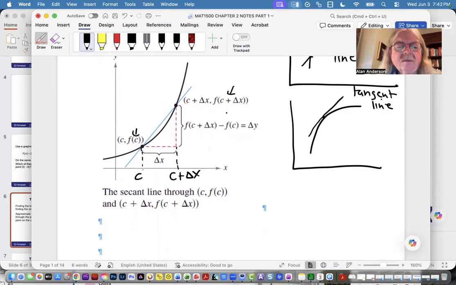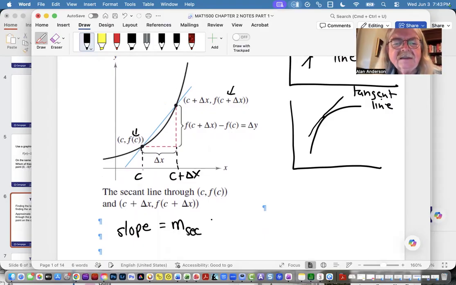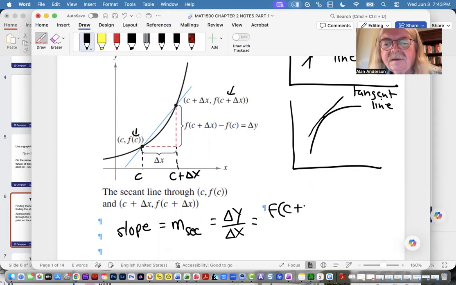So to calculate the slope, which in this book will be written as m with a little sec, we know that it's delta y over delta x, but here we're going to write it as f of c plus delta x minus f of c, which is the vertical distance between these two points, all divided by delta x, which is the distance between these two points.